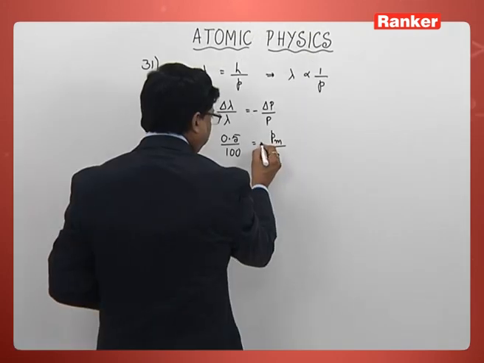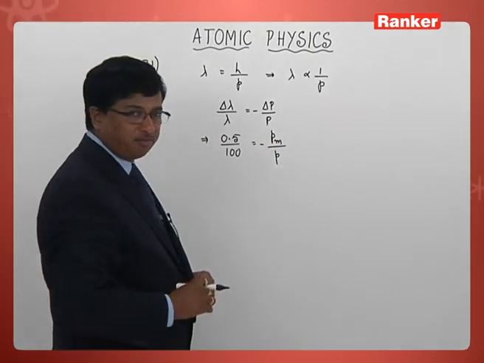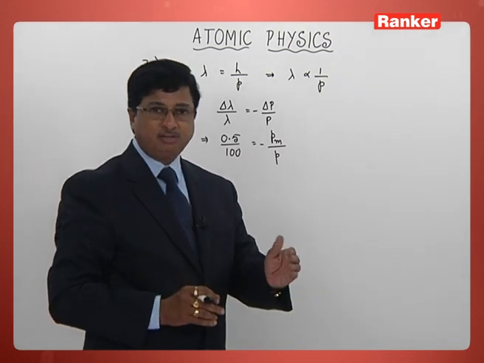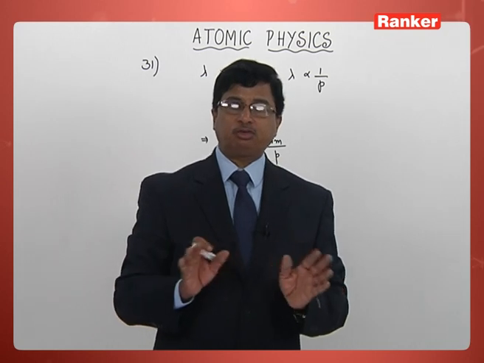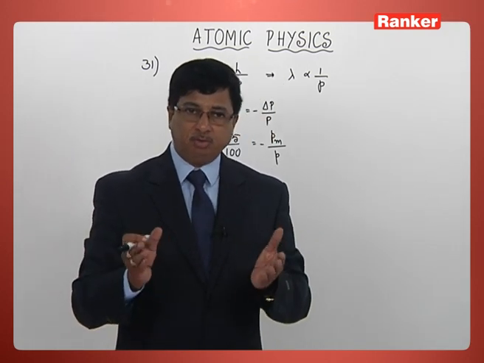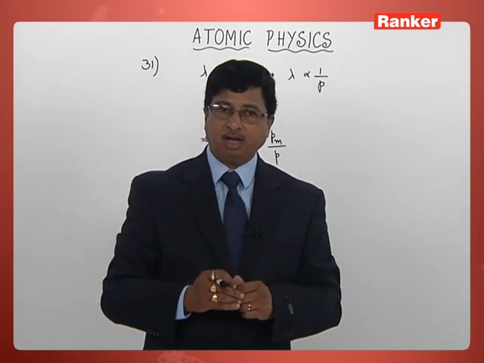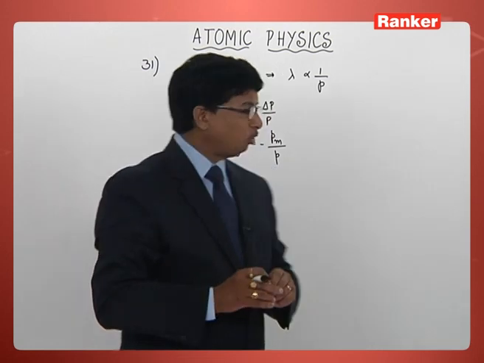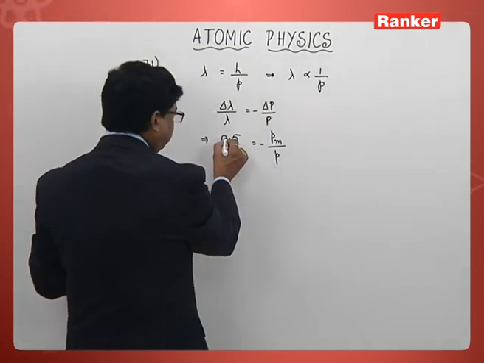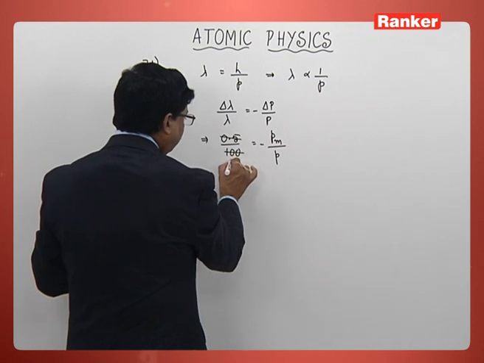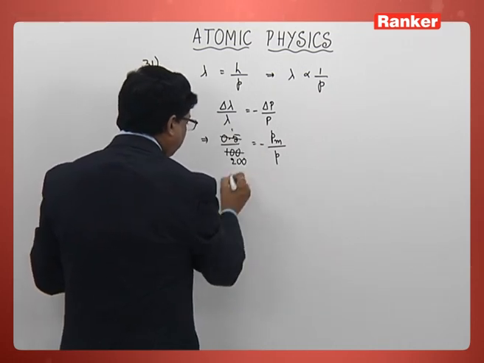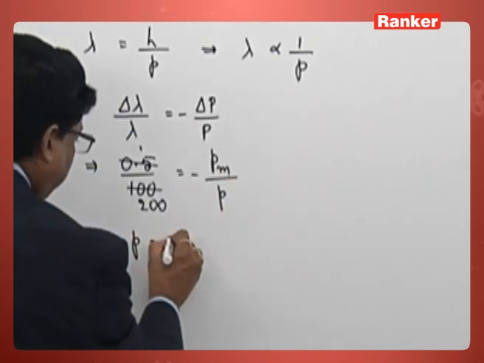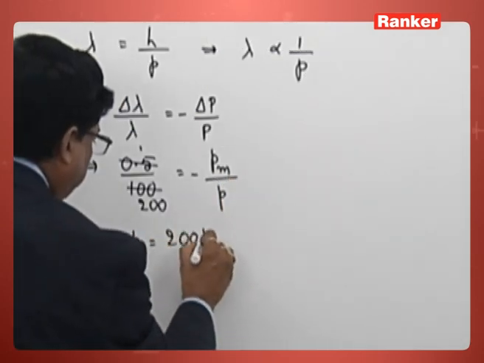In fact, that negative sign, what does it indicate? When one increases, the other one decreases, that's all. The relation between these two is an inverse relation. That is the only thing we can identify from that, nothing more. So this now goes exactly 200 times. So what is now left over? P must be 200 times Pm.